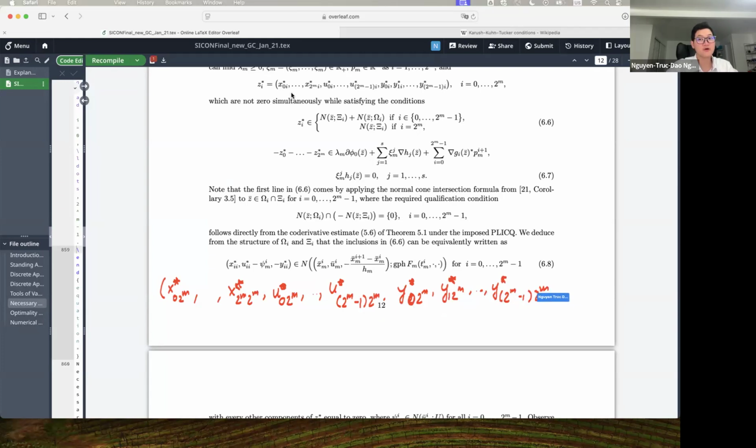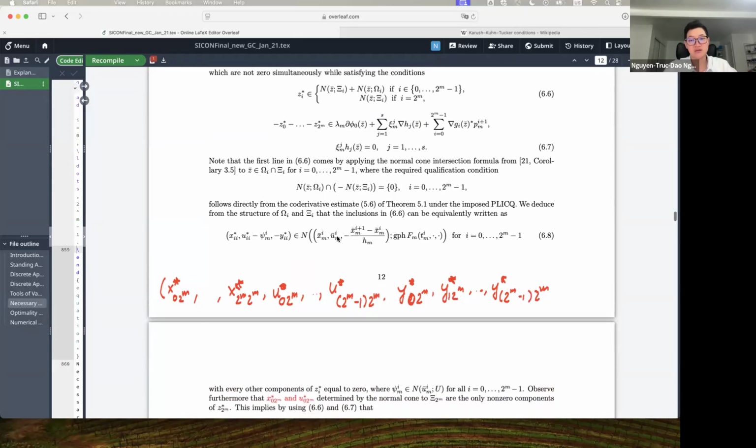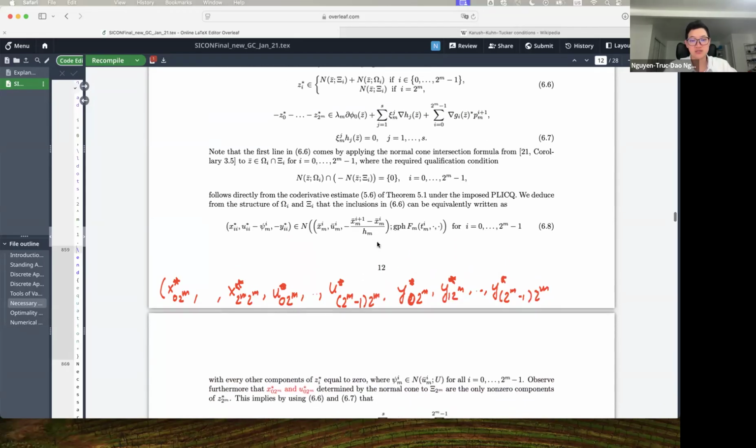This one for sure is not difficult. It just takes time in the notation. It looks ugly. Z star 2m.